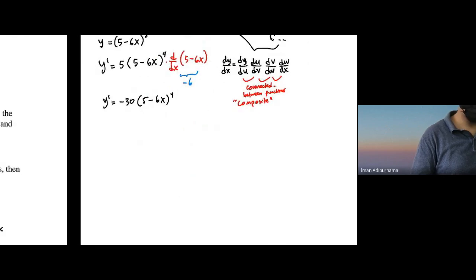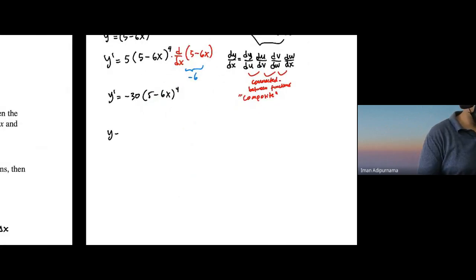maybe giving you another example to see. Let's say we have square root of x plus square root x. What is y prime?